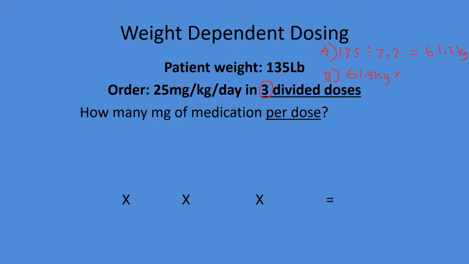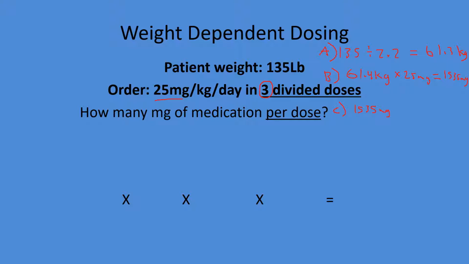What is the order per kg? 25, right? 25 milligrams. So how much drug do you need per day? So take 61.4 times 25. 1535? Okay. So in a day, they would need 1535 milligrams.